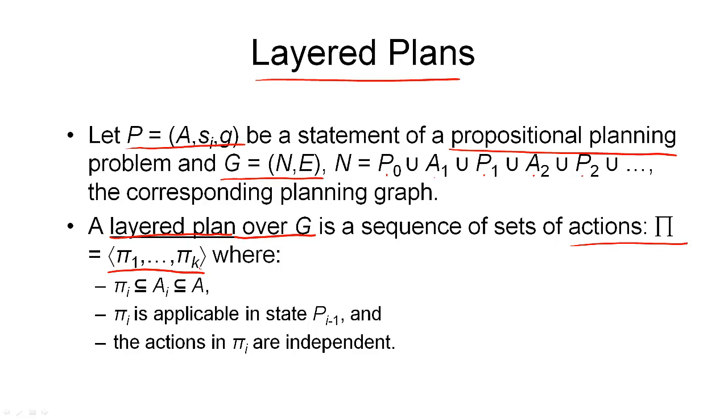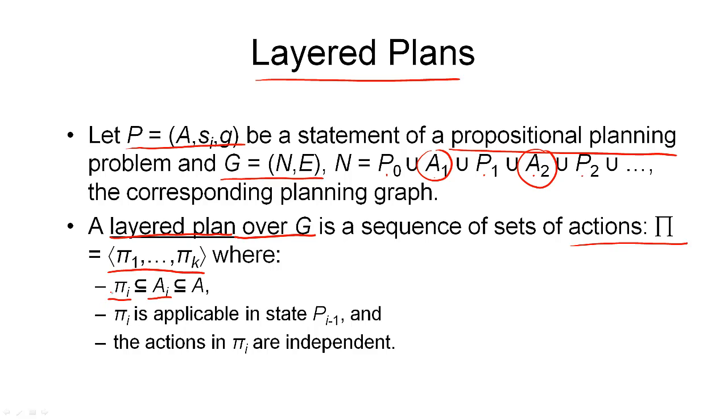And for each of these sets, we must have the following conditions true. So the ith set in this sequence, pi i, must be a subset of the actions in the ith action layer of the planning graph. So that would be for A1, this one here, for A2, this one here, and so on.